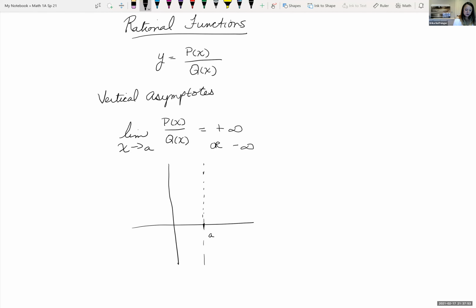As we're getting closer to x equals a on the left-hand side, it can either be shooting upwards, so the graph could be shooting upwards like this, or it could be shooting downwards like this. But as we're getting closer and closer to the vertical asymptote, it's either going to be going to positive or negative infinity. Same idea, as we're approaching a on the right-hand side, it's either going to be shooting upwards or it's going to be shooting downwards.